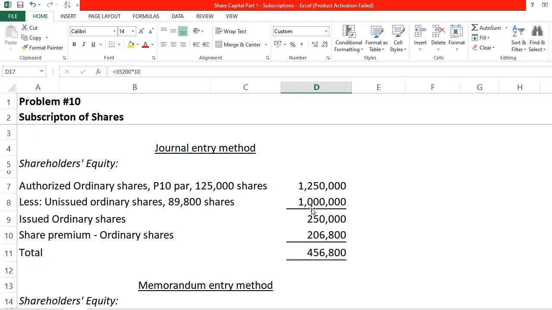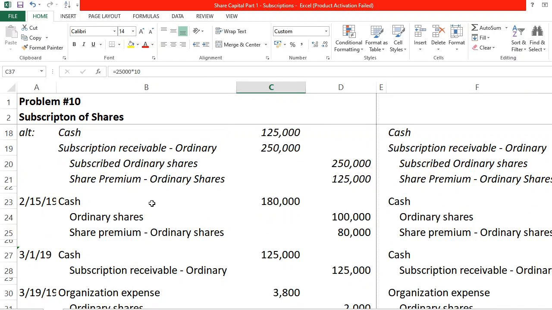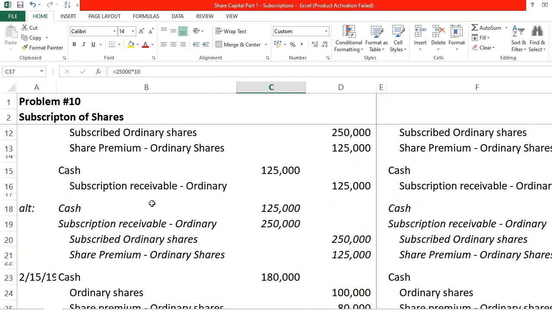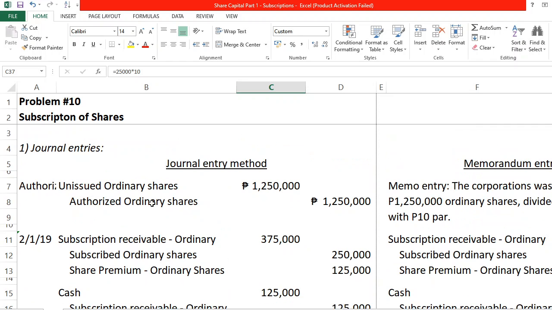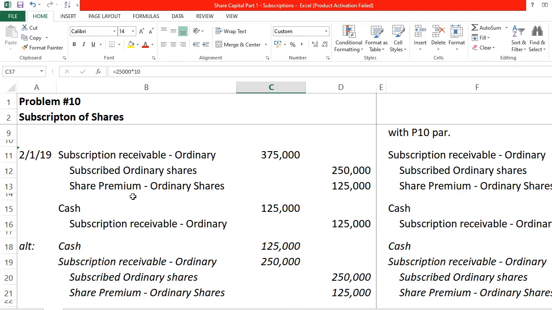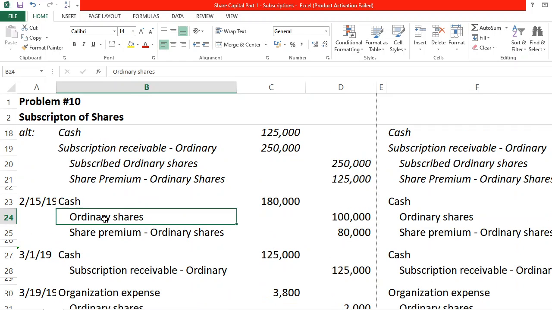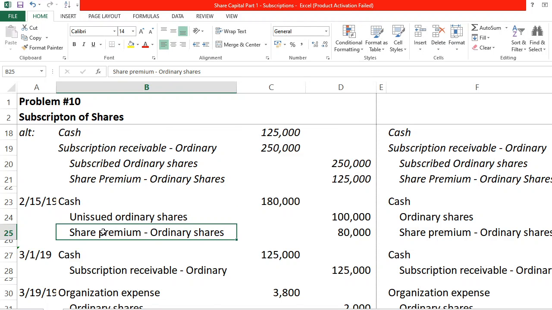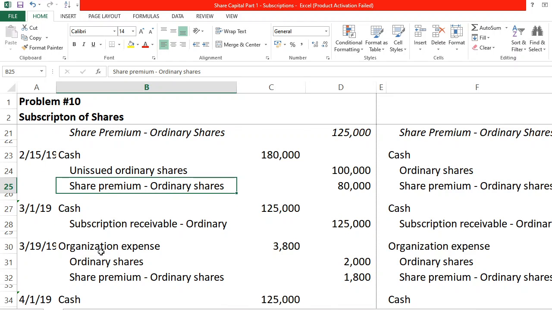Okay, 352? They're not the same, right? Oh, okay. I'm so sorry. Right, the journal entry method does not maintain ordinary shares. So, this should not be ordinary shares, but unissued ordinary shares. The same goes here. Right?